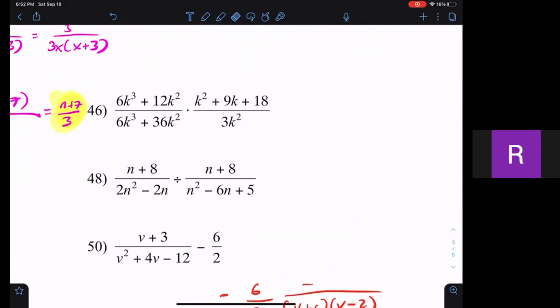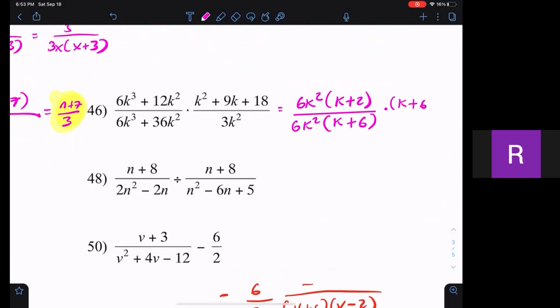Here, I have to factor, let's see, GCF, right? For the first fraction, this is k squared times k plus 2. On the bottom, we have 6 k squared. And this is going to be k plus 6, and then times k plus 6 plus 3, right?